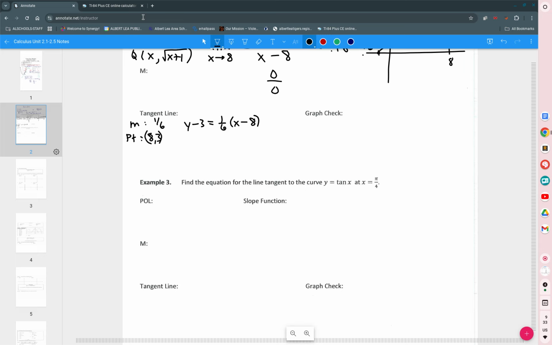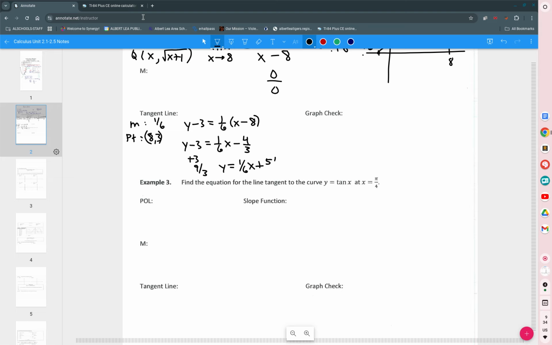I will distribute. Y minus 3 is equal to 1/6 x minus 4/3.